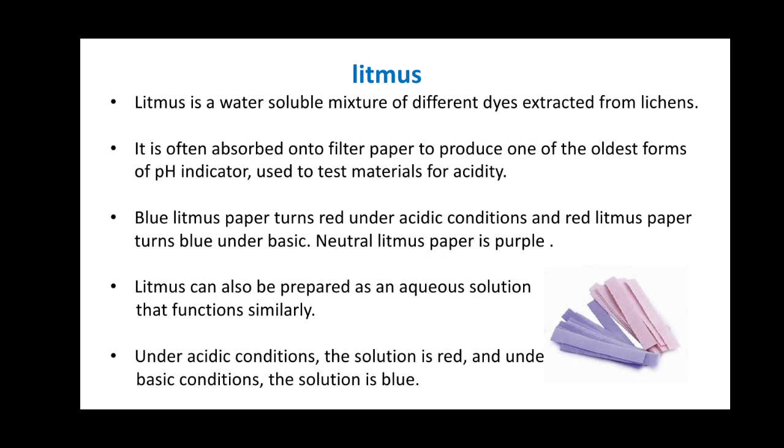Blue litmus paper turns red under acidic conditions and red litmus paper turns blue under basic conditions. Neutral litmus paper is purple. Litmus can also be prepared as an aqueous solution that functions similarly: under acidic conditions the solution is red, and under basic conditions the solution is blue.